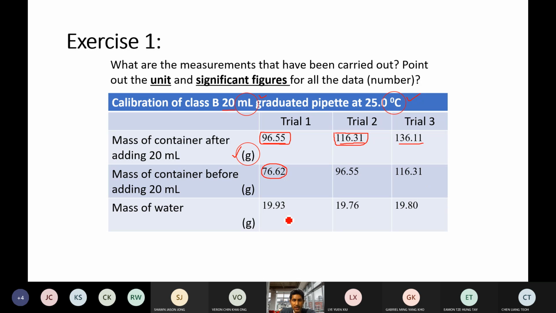So for all three, we see that the mass of water was 19.93, 19.76, 19.80. So you see that the mass of water for all three containers is almost similar, but even though almost similar, still different, quite much different.